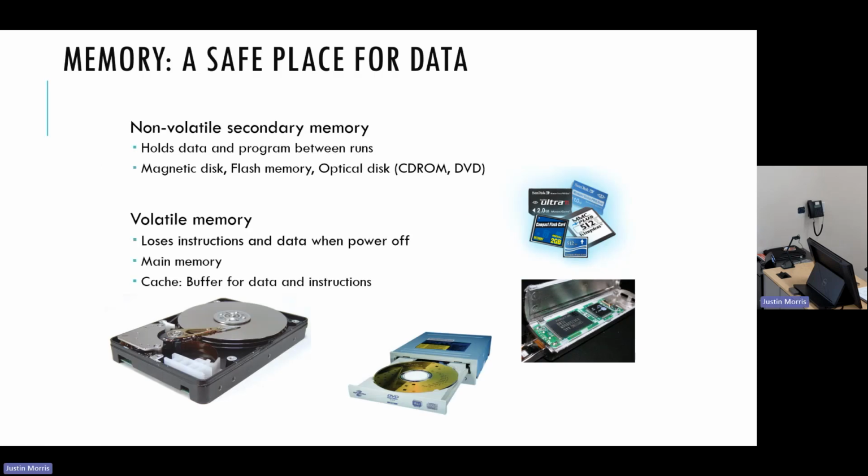Right. So memory, there are two main types of memory. So there's non-volatile memory. This is able to hold more data. It's usually more dense and cheaper. So you have magnetic disk, flash memory, optical disk, and there's also magnetic tape.